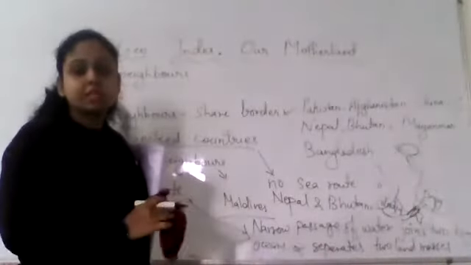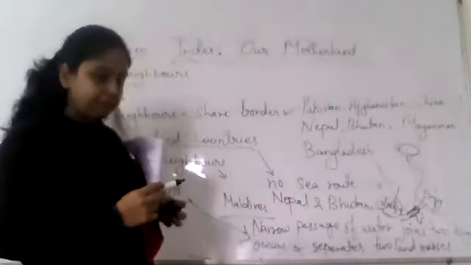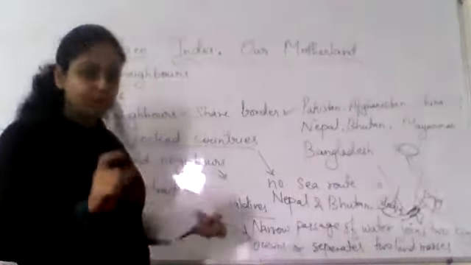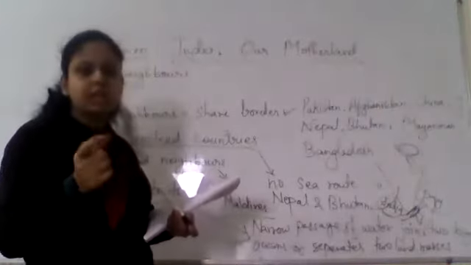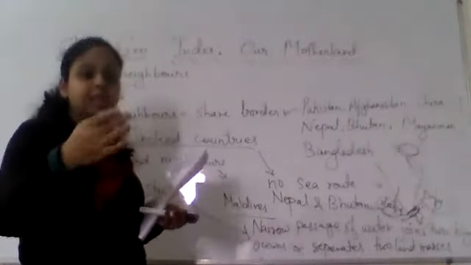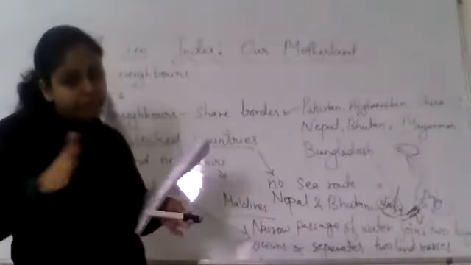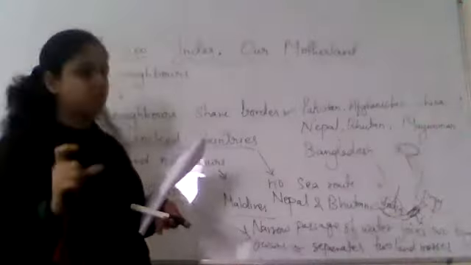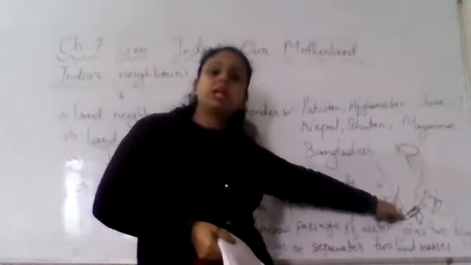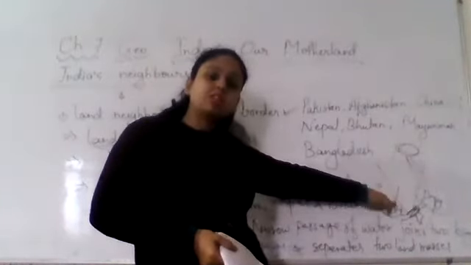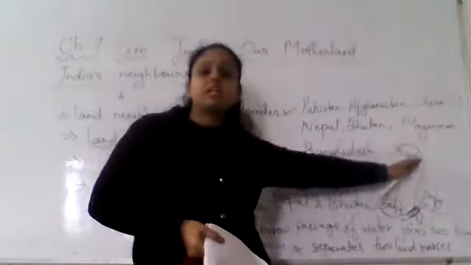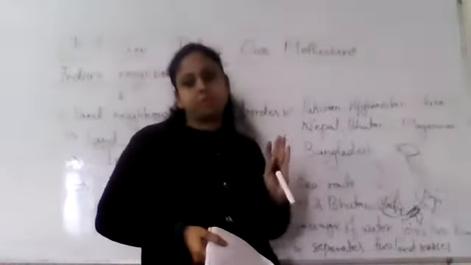Also, it separates India and Sri Lanka, and that is why it is a strait. So basically, a strait is a narrow passage of water which either connects two big oceans or seas, or it separates two big land masses. We have Palk Strait here between Sri Lanka and India, which separates India and Sri Lanka, and also connects the Bay of Bengal and Indian Ocean. Understood?